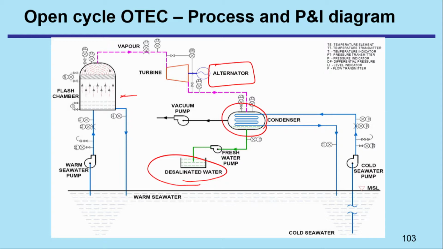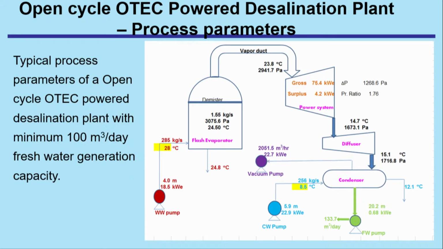We have discussed this at length in the earlier modules. You can see the process parameters. Each of the process parameters are indicated here. For a person who is interested in doing detailed research, you can go through this and work out the parameters that is required for this OTEC powered desalination plant.